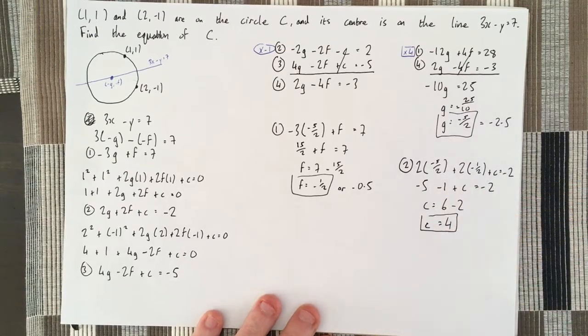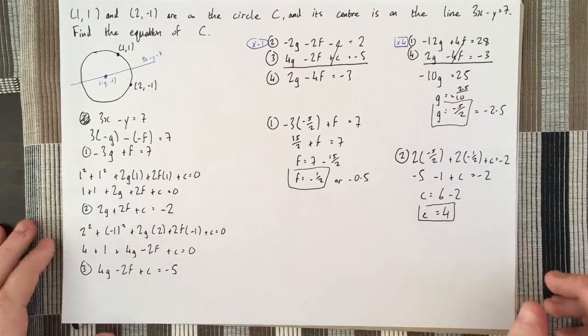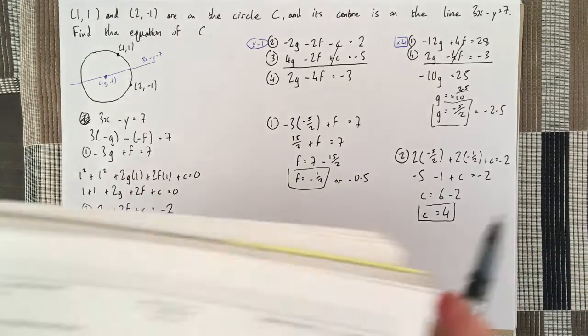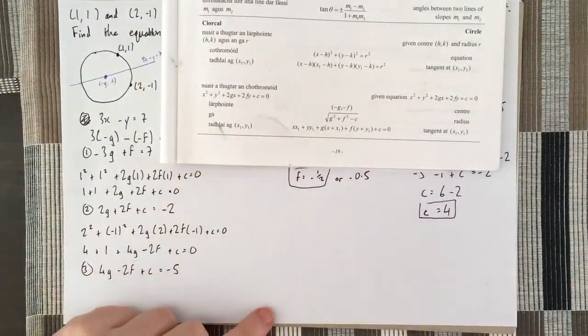All right, so there's my f, g, and c. Just remember, you are asked for the equation of the circle. You're not just asked for f, g, and c. So you need to sub them back into the equation as it's given on page 19.